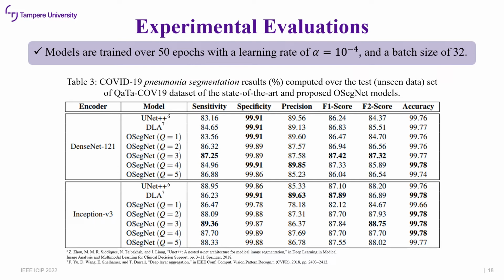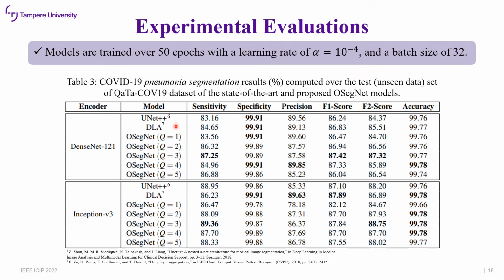In figure 3, you can see the segmentation results over the test set of the Katakov-19 dataset. We have compared state-of-the-art networks with our proposed OSegNet models. You can see that we have used 2 different encoder types, and for the state-of-the-art, we have UNet++ and DLA models.